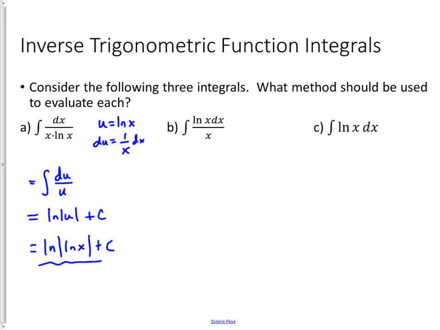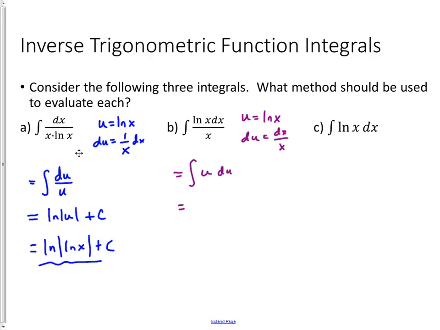Well, how about this second one over here? The natural log of x dx over x. Well, we might notice that we can make the same sort of substitution again, right? This time, where we make u equal to the natural log of x, we get du, of course, still equal to dx over x, which we certainly have right here. And so we have an integral this time that's more like u du. And this is a power rule, not a log rule, so it's going to come out slightly differently.